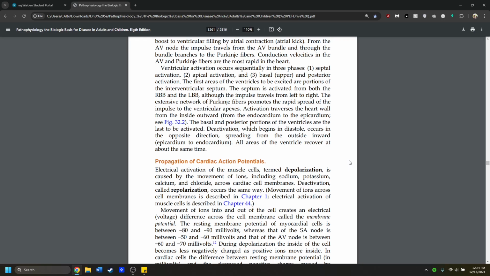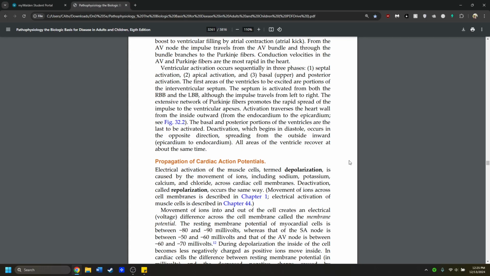Although the impulse travels from the left to the right, the extensive network of Purkinje fibers promotes the rapid spread of the impulse to the ventricular apexes. Activation traverses the heart wall from the inside outward, from the endocardium to the epicardium. The basal and posterior portions of the ventricles are the last to be activated.